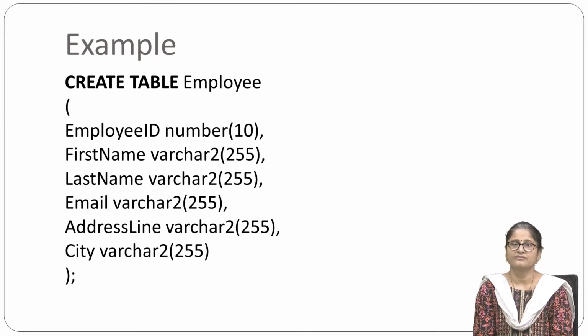Same way, we have address line and city, all of VARCHAR2 255 characters. I have just mentioned 255 as the size, but whatever the minimum size required for storing the data, you have to use. Otherwise, unnecessary data space will be occupied.